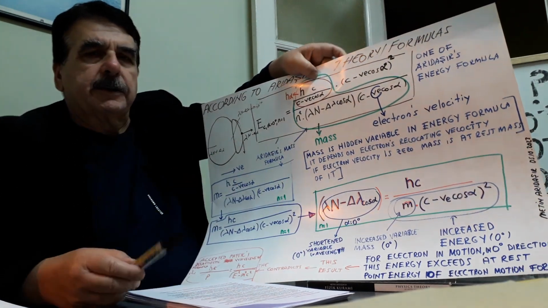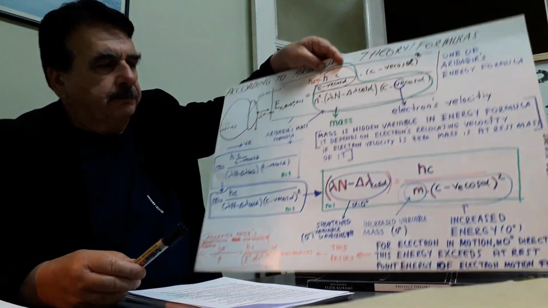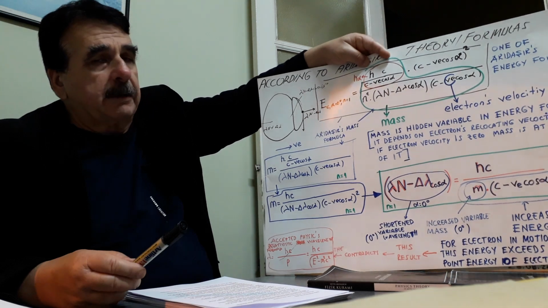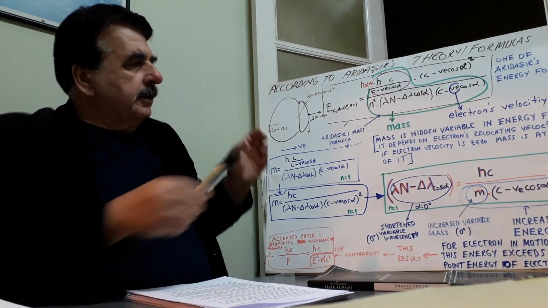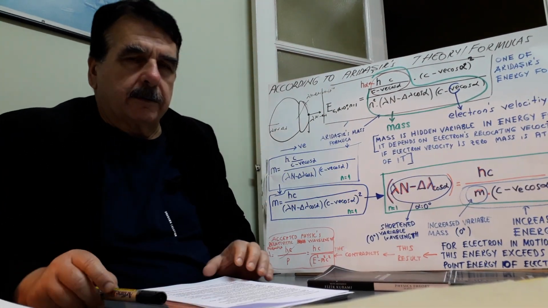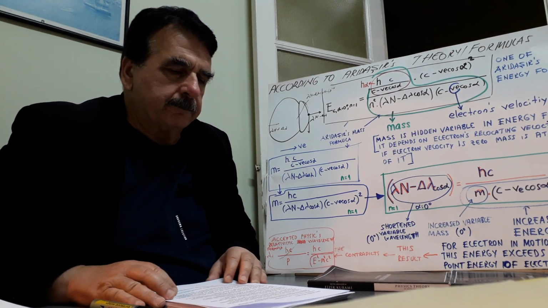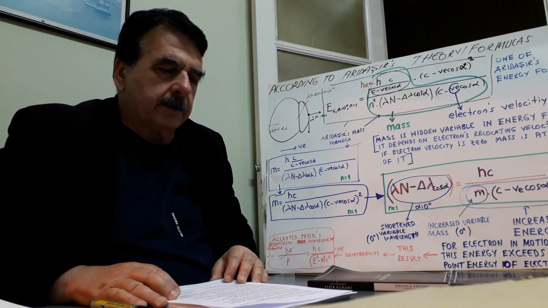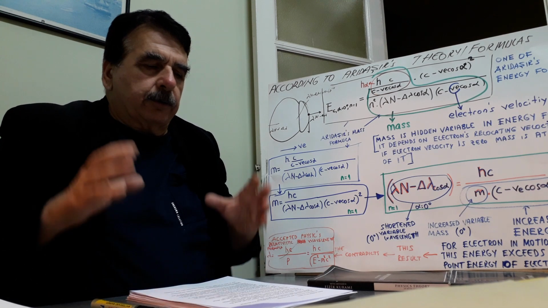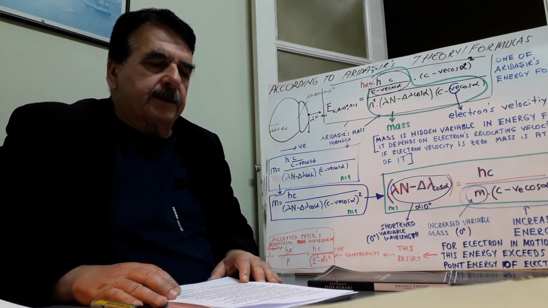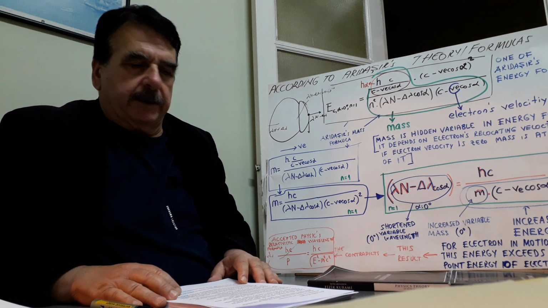It is hidden variable, and two component masses on electron motion form surface. And two components masses of the photon are hidden variables.